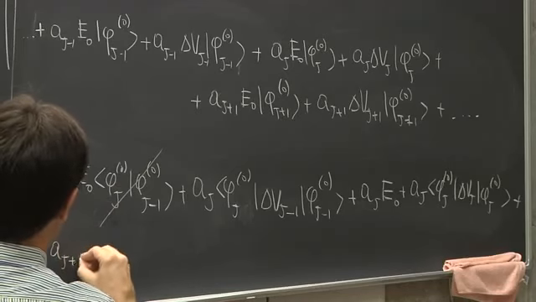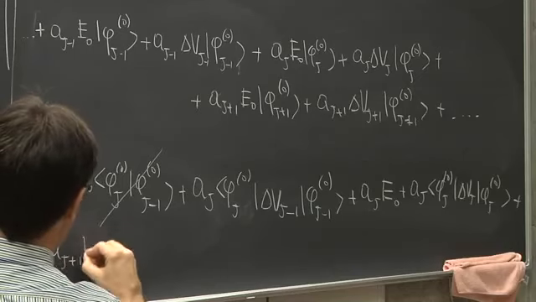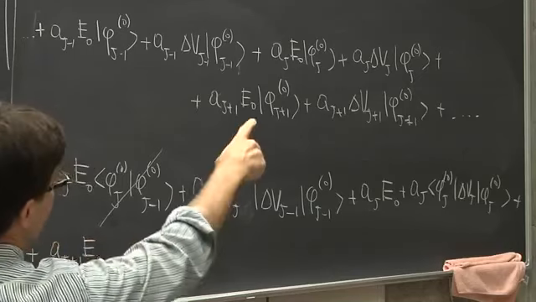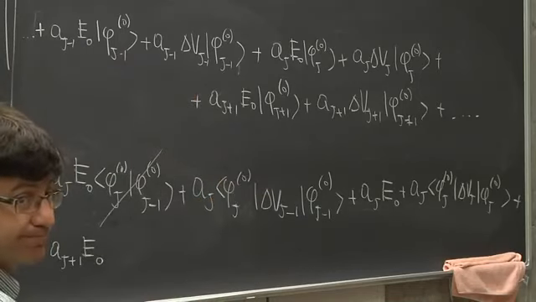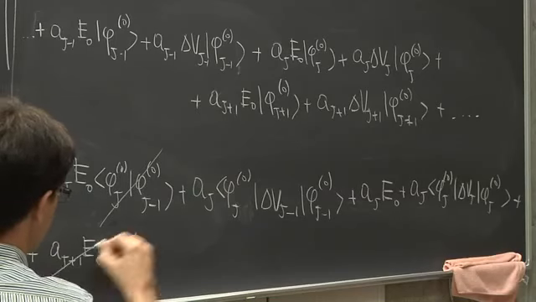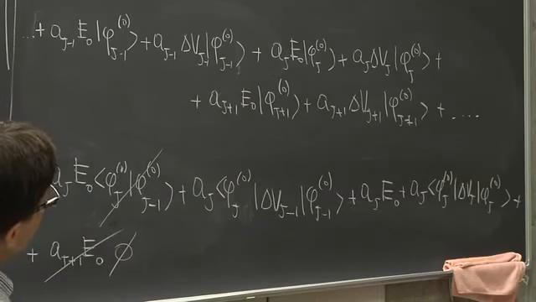aj plus 1 E naught phi j plus 1. 0. So this also disappears.